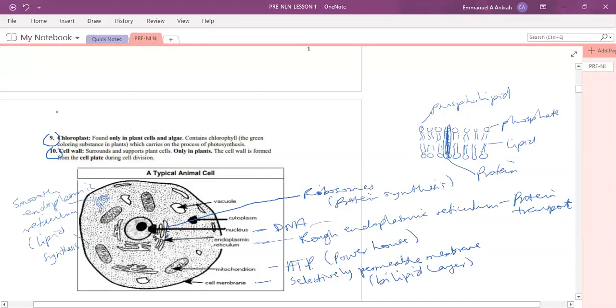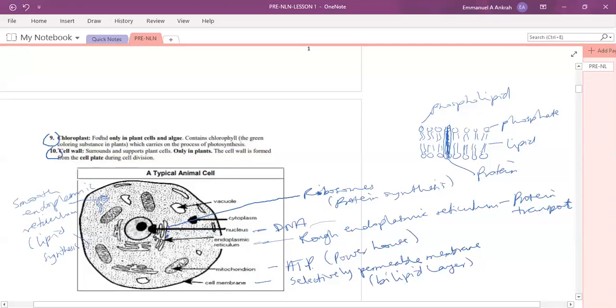The plant cell has chloroplast. So I put here, found only in plant cells and algae, the chloroplast. And remember, the chloroplast contains chlorophyll. The chlorophyll is a green coloring substance in the plant, okay? And that carries on the process of photosynthesis. So if you see chloroplast in the question, think only of a plant cell.